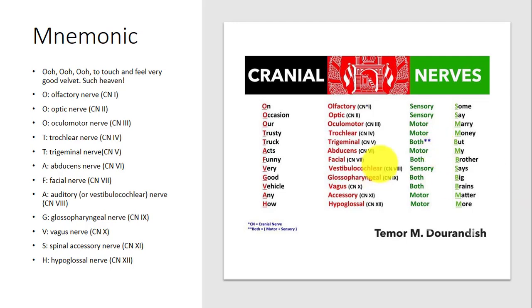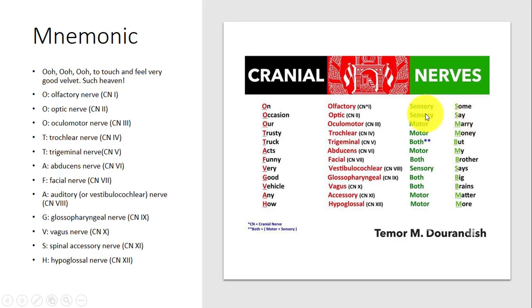So this is another mnemonic to help you to remember that. Over here, some say marry money, but my brother says big brains matter more. I think that's pretty good, right? Some say marry, right? And look, there's not two S's though.